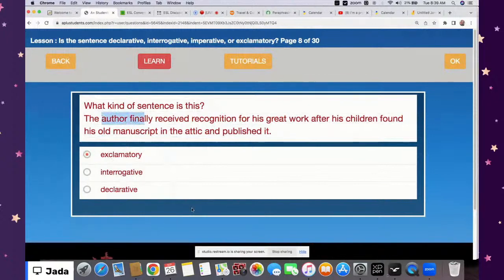So you can look at this one and tell me the answer. So, what do you think? The third one. Okay, perfect.